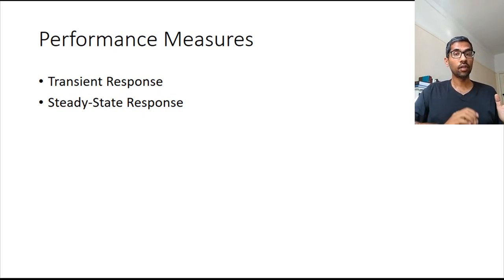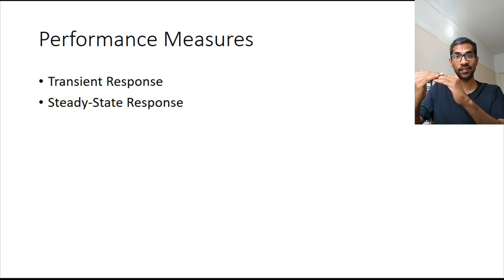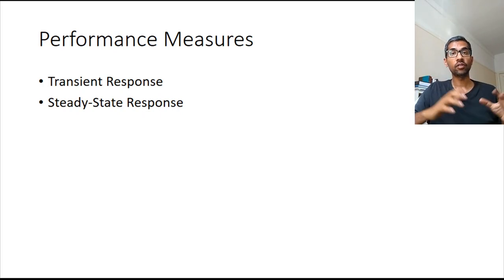The intermediate period, the period when the output of the control system is still changing, is called the transient response. The other category of performance measures are the steady state response. After this changing behavior has finished and the output has reached its steady state, you can have some performance measures there. Those are the two kinds of performance measures that we will look at.